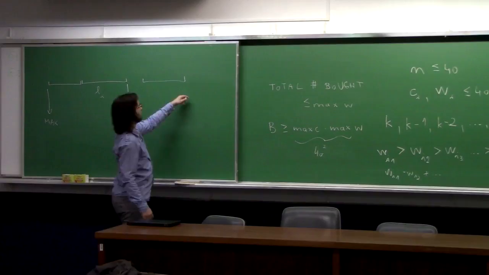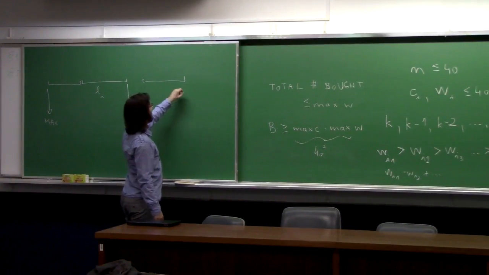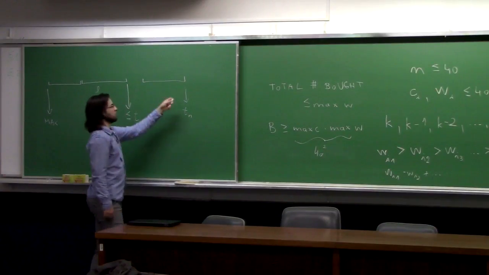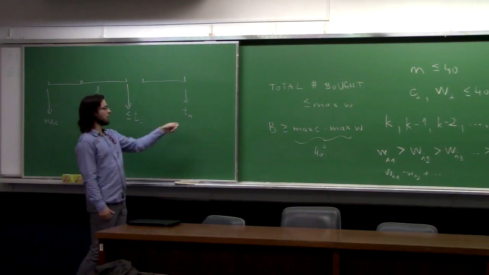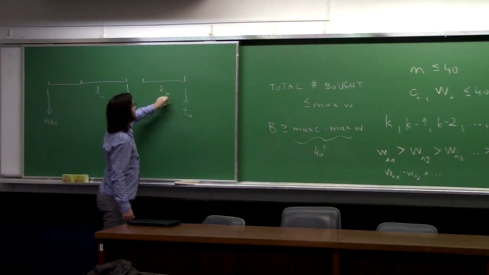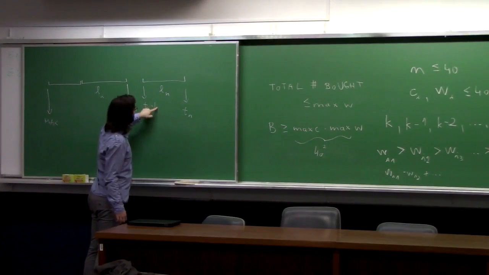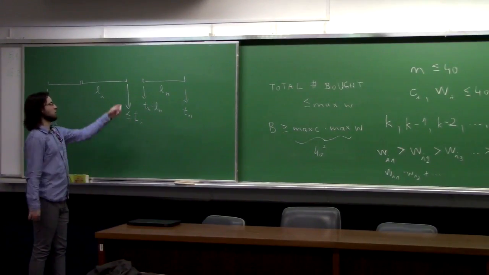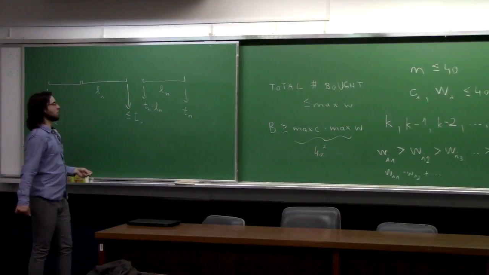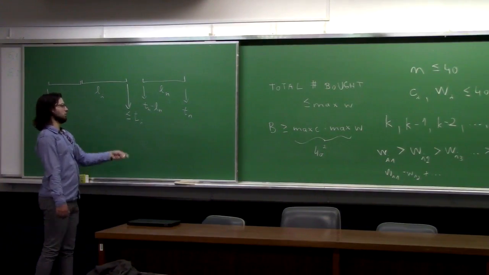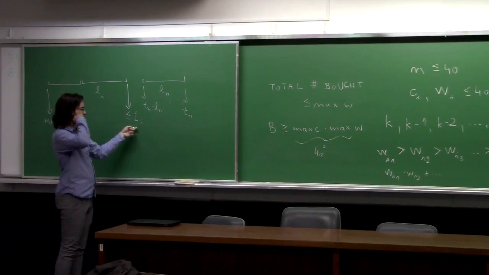So we just look at the interval with the last finishing time, decide that it can end at this time Tn, and it has length Ln, so it will start at time Tn minus Ln. And then we can schedule all previous intervals at times smaller than or equal to Tn minus Ln, and also smaller than or equal to their own finishing times.